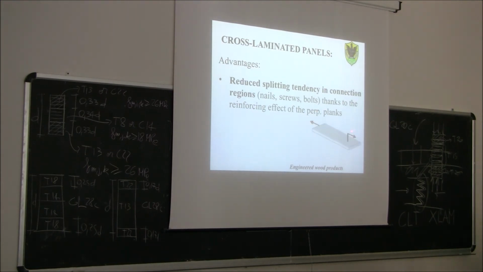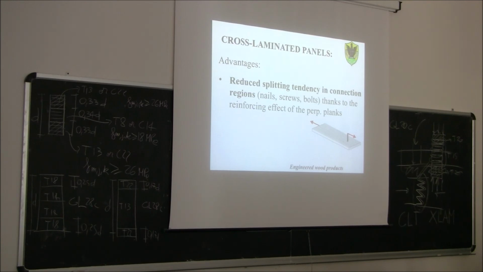Suppose now that we have a glue-lam beam, and we need to connect this beam to, for example, a hinge. This connection can be done by drilling a hole and placing a dowel inside, a steel pin. So we have a hole here, the dowel is going through, and then we subject this panel to tension. We pull the panel through the dowel.